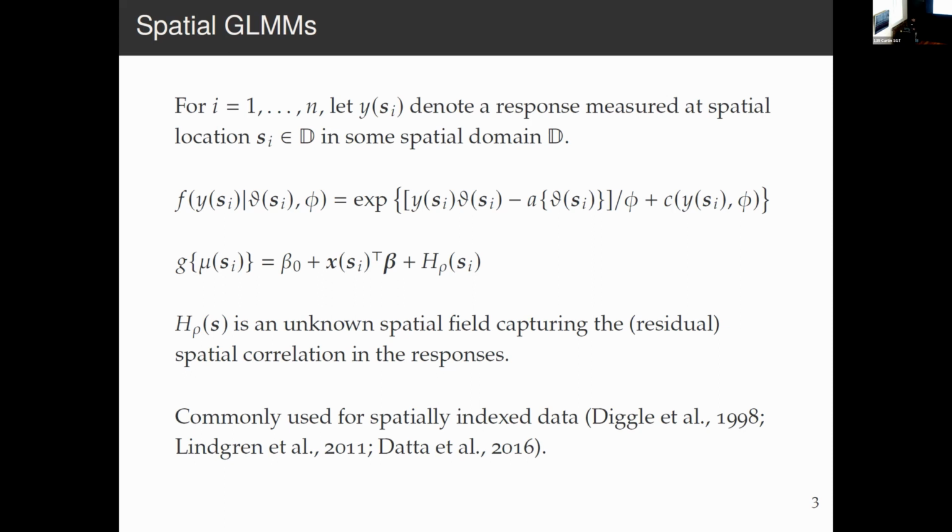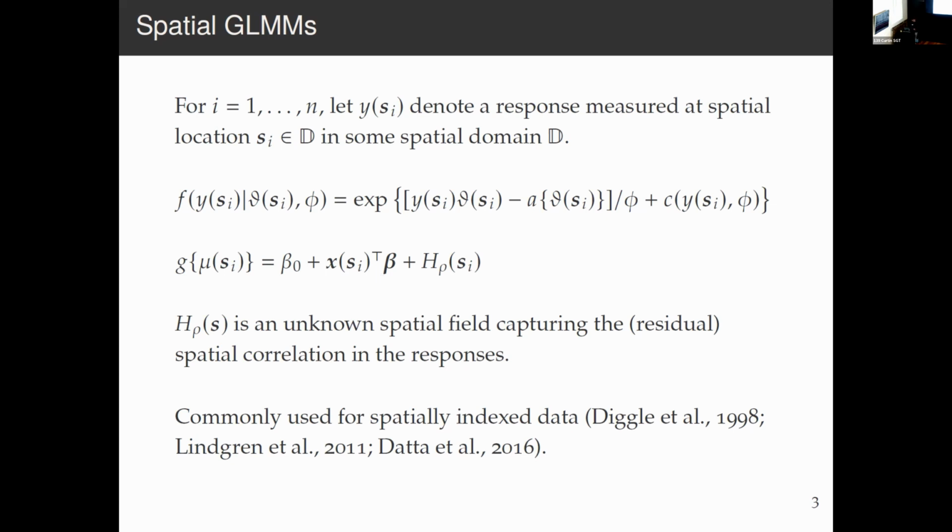Now, this is really a regression problem, and obviously in regression problems, we are going to have some covariates, which I call X here. The central quantity of interest in this work is really the slopes associated with these covariates.